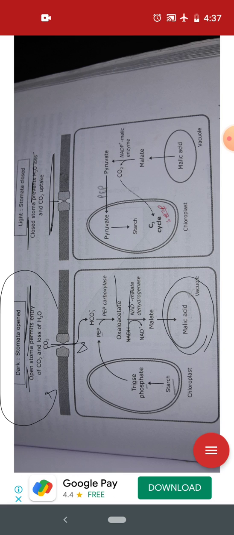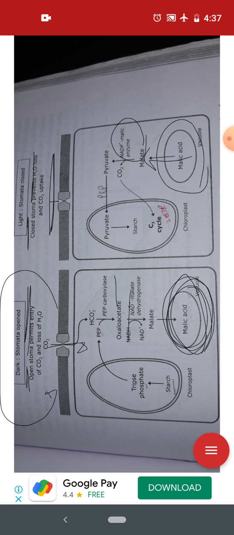During the daytime, the stored malate is transported back into the cytosol, where it is decarboxylated by NADP+ malic enzyme.